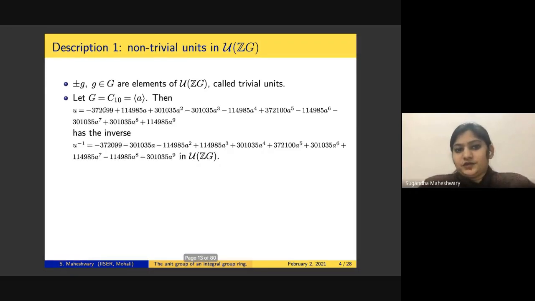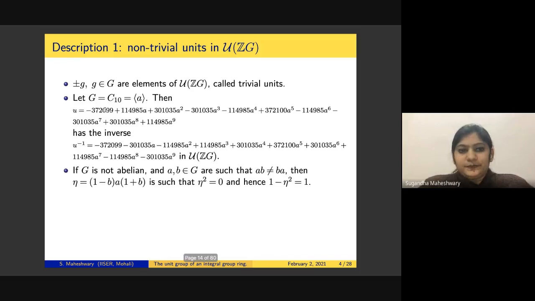It has an inverse, which is now on your screen, in this group ring. Of course, it is not easy to assess whether a given element is invertible or not, or what the non-trivial units are. The units in this integral group ring are fascinating; these are not very obvious things.